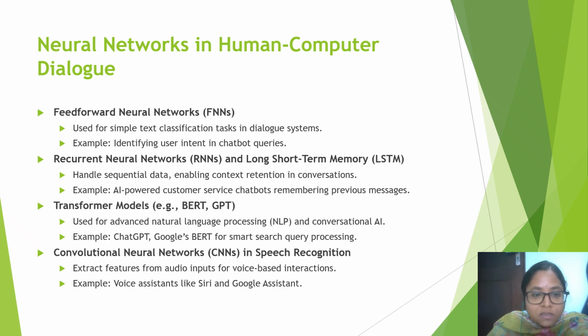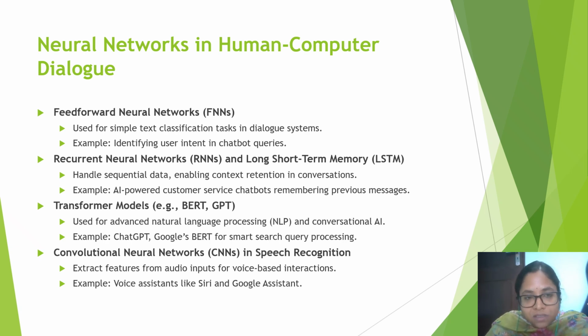The next topic is the various neural networks used in human-computer dialogues. The first one is feed-forward neural networks. There are also various advanced neural networks available. For highly complex applications, we can make use of the advanced neural networks.